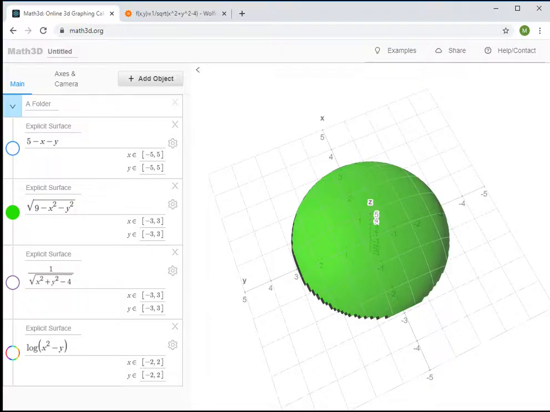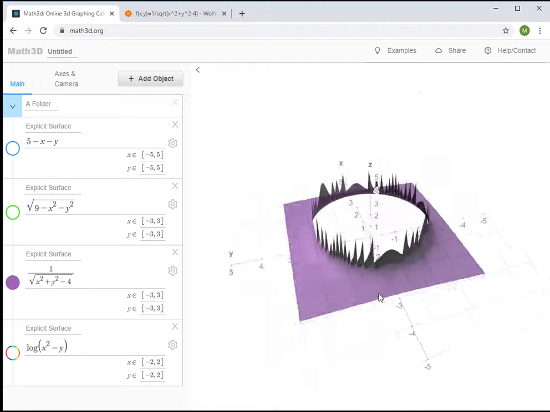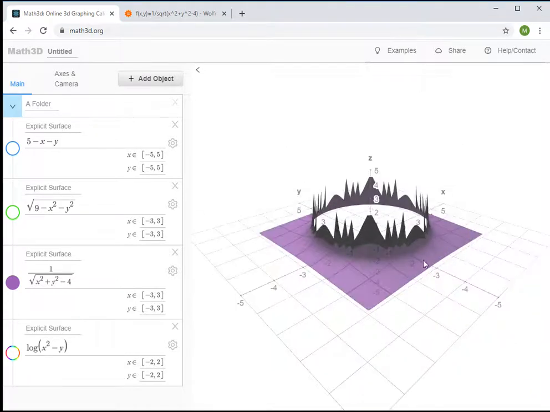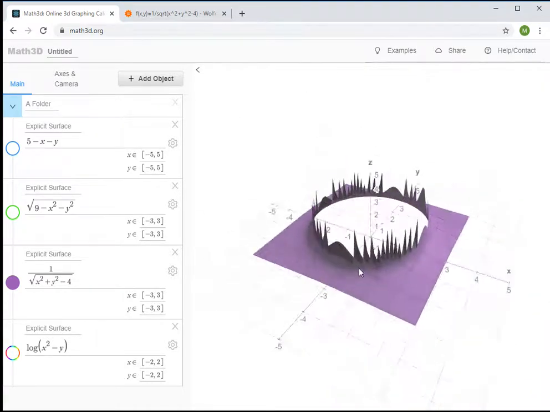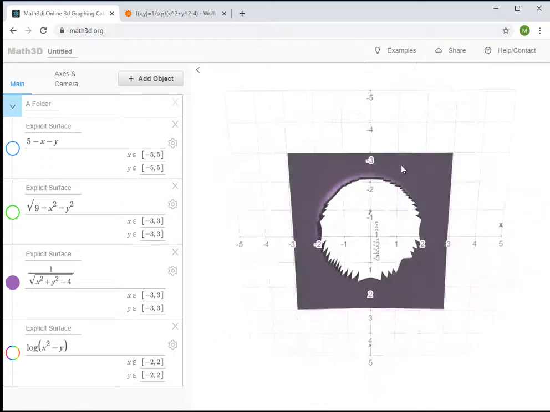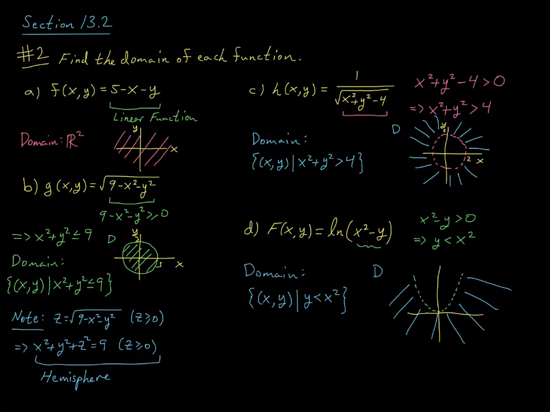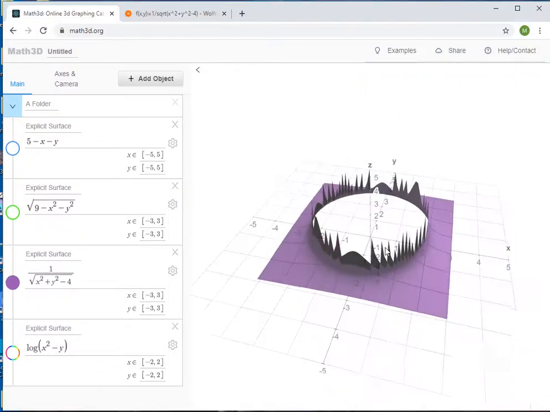All right, great. So going on now to the next surface, we're seeing this thing. Again, weird jagged behavior on the boundary. But again, the thing I want to really highlight here is, you see that circle of radius 2, and we're seeing surface now on the exterior of that circle.